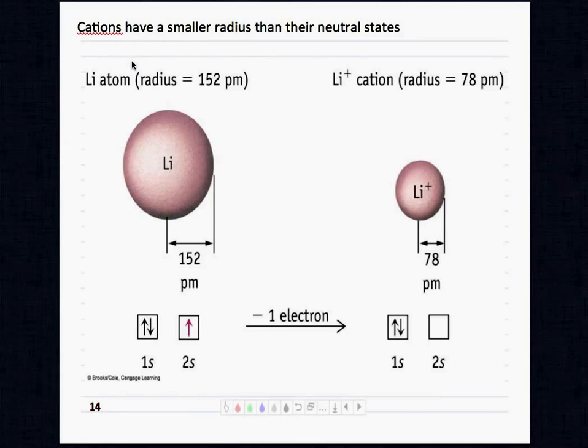And as you can see, the difference is from 152 to 78 picometer, where a picometer is 10 to the minus 12 meter. And this is a rule of thumb, always. Okay, I'll wait for you to finish writing.